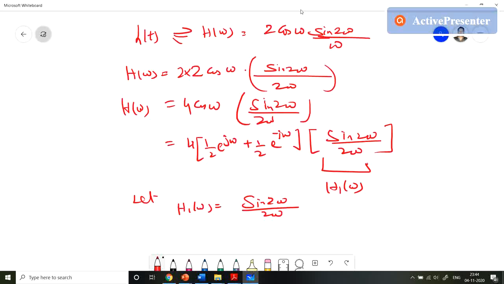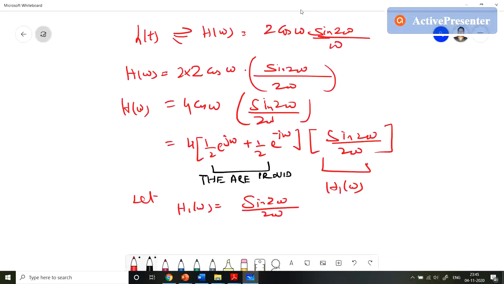And these factors are basically just providing the shifting. These two factors are providing the shifting in time domain.